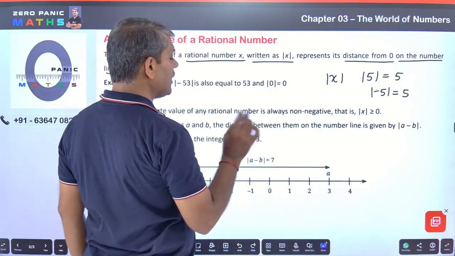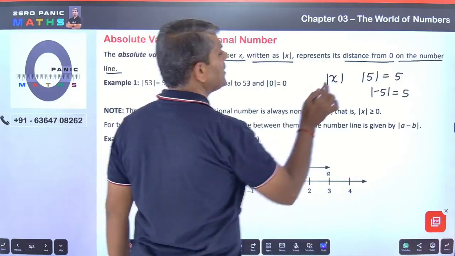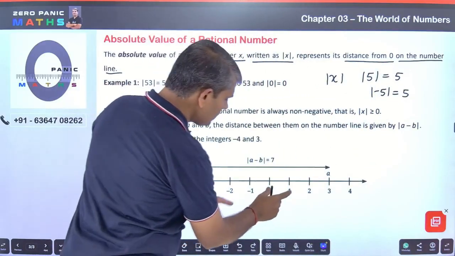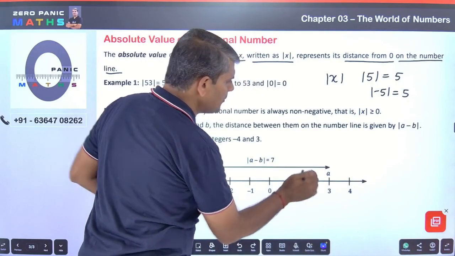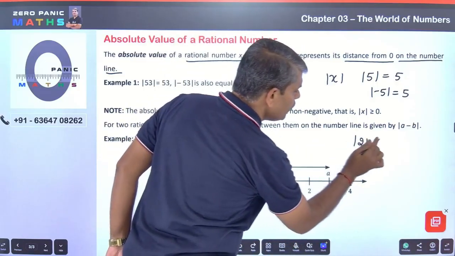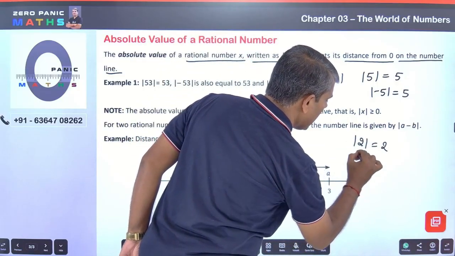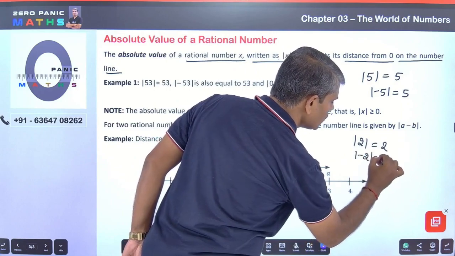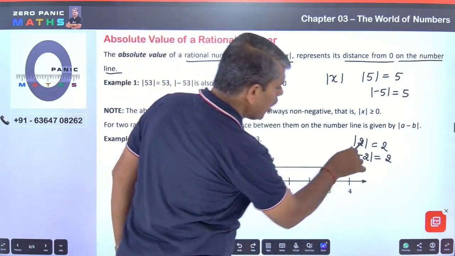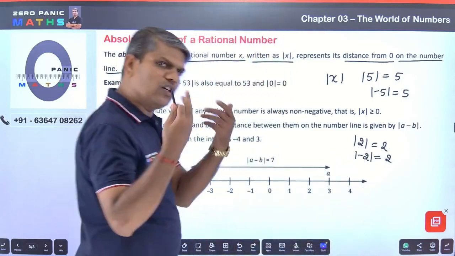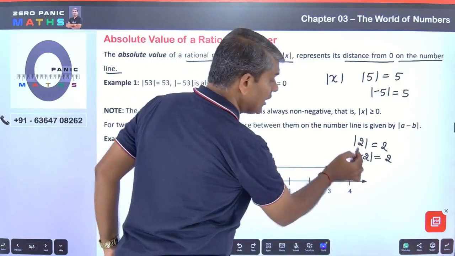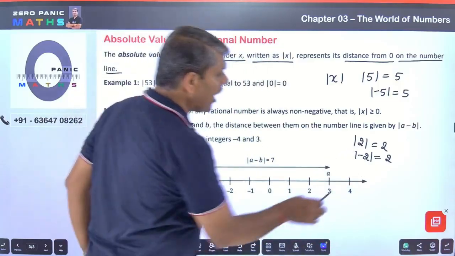And on the number line, how do we represent that absolute? Listen to me carefully: absolute of 2 is 2 and absolute of minus 2 is also 2. It always represents the positive value of the quantity involved, so it negates whatever negative values are there. Why am I saying this?